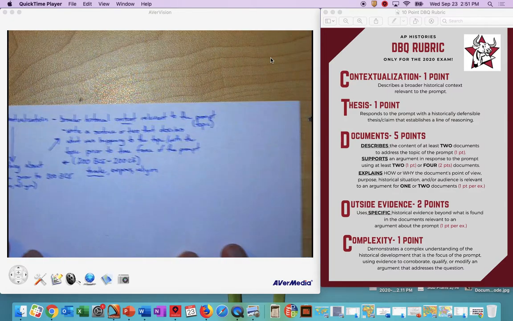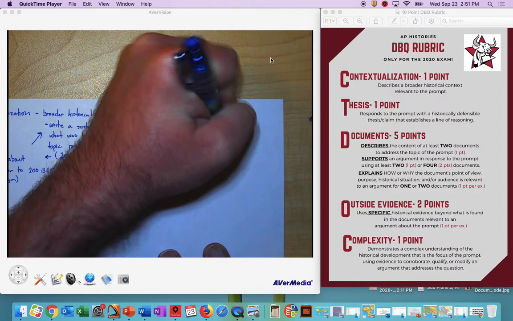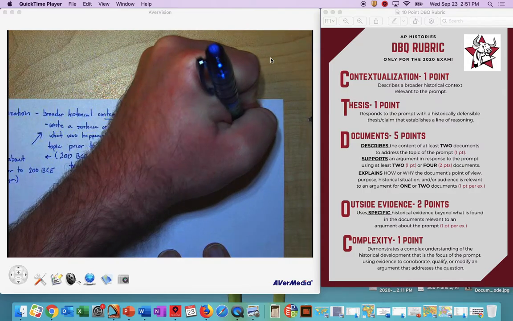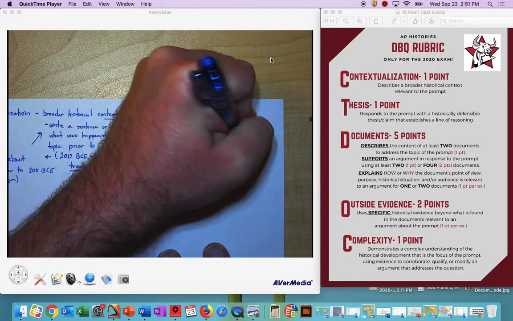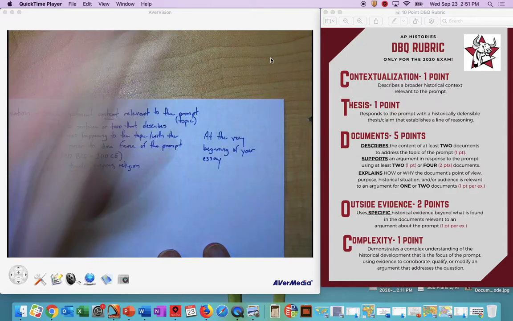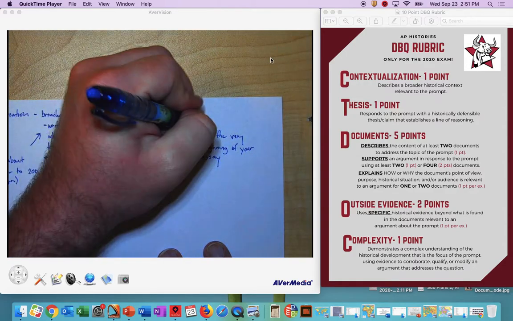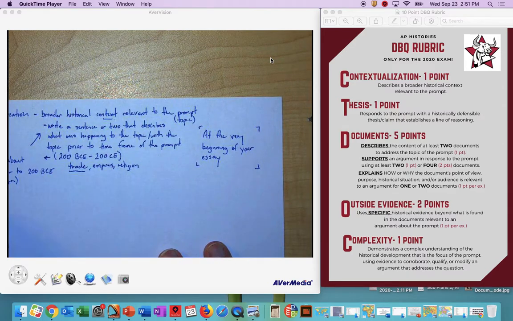I suggest that you put this at the very beginning of your essay. This goes at the very beginning. This should be the very first thing in your essay. It should not be the very first thing that you do to write an essay. That requires a lot of planning.